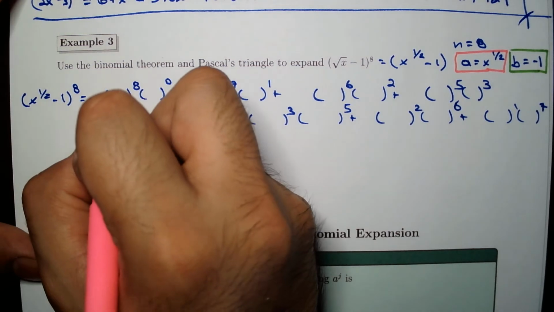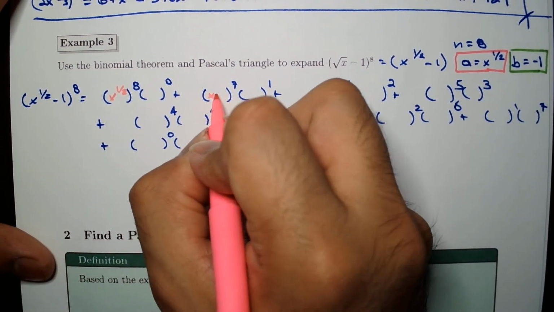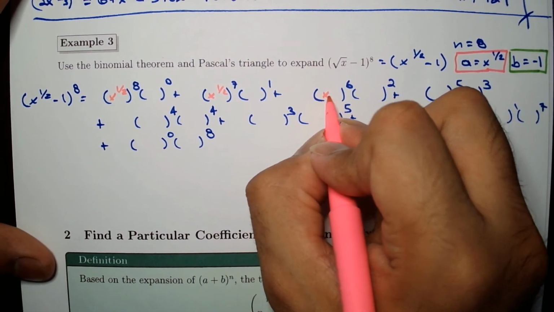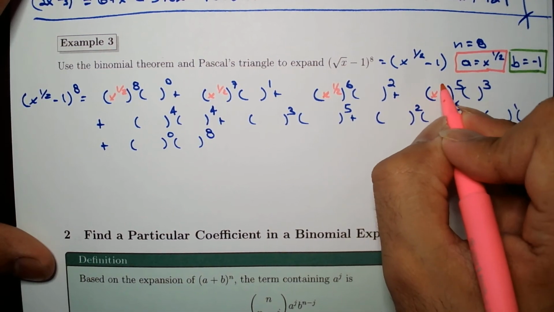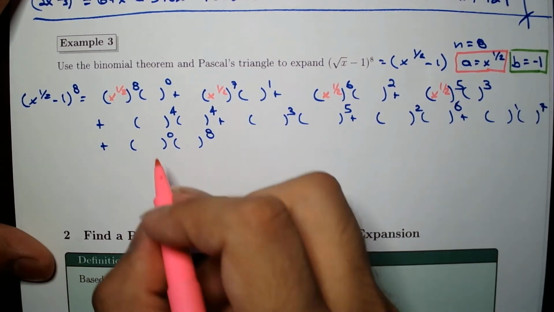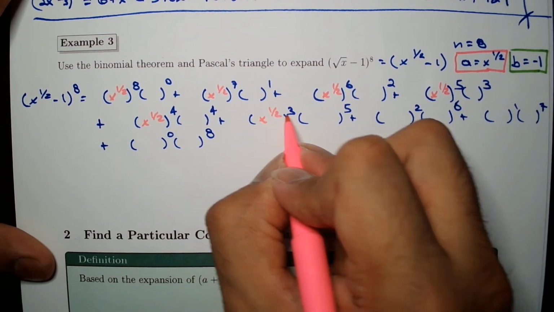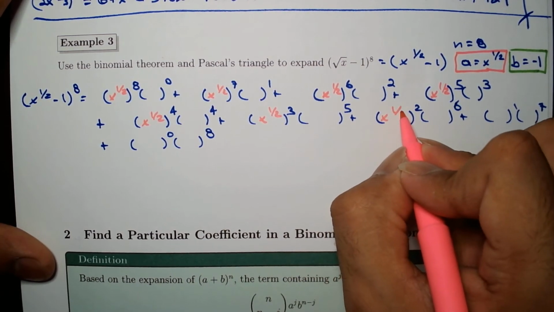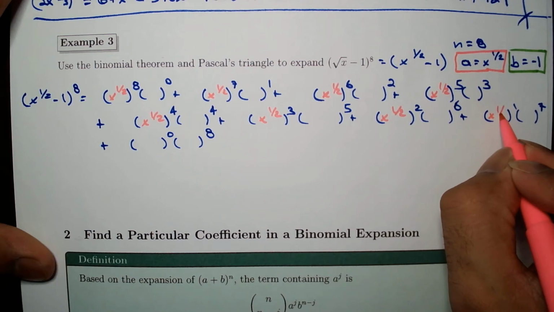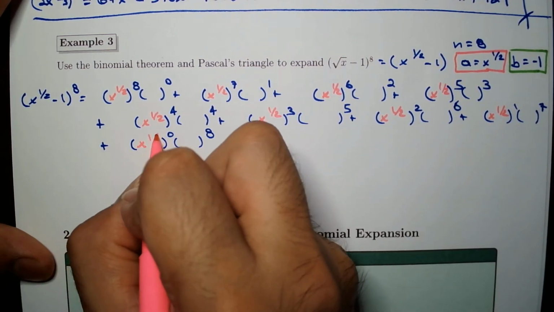All right, so let's put the a's. So a's, that's x to the 1/2, repeated in each term.